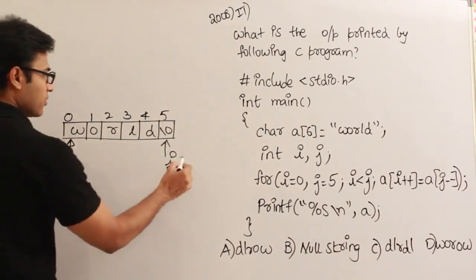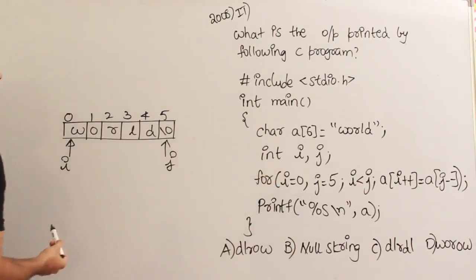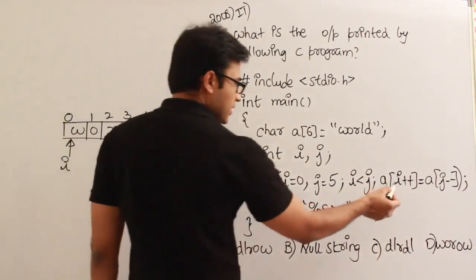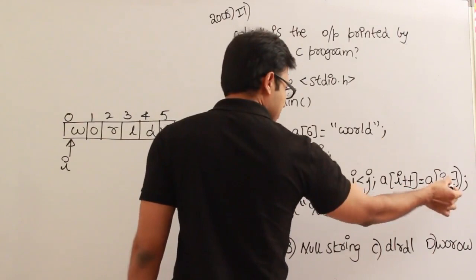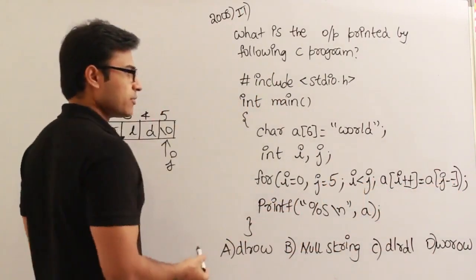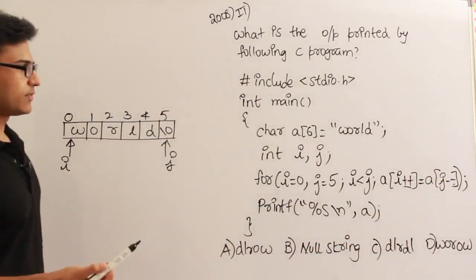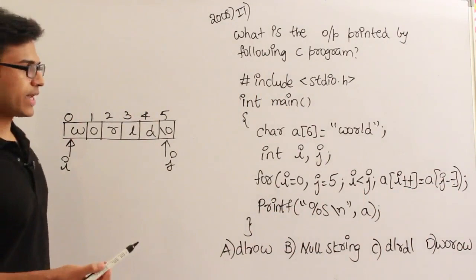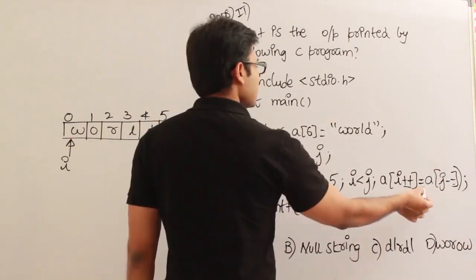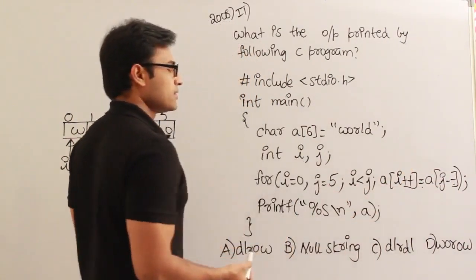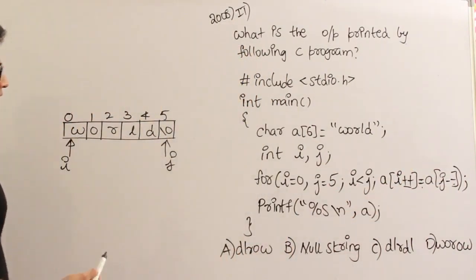So i equal to 0 and j equal to 5, then i less than j, a[i++] = a[j--]. If you observe, i++ and j-- are post increment and post decrement, which means first the assignment operation will be carried out, and then at the end the increment and decrement will get performed.